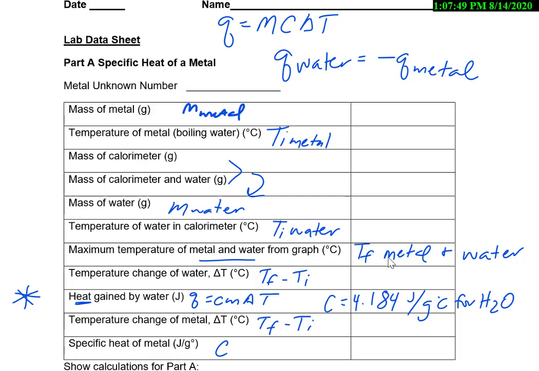And remember, this is the T final of the metal here. And here's the initial temperature of the metal here. So we can subtract to get that delta T. So we will know everything in this equation except for C. And that'll allow us to calculate C for the metal. So that is part A.